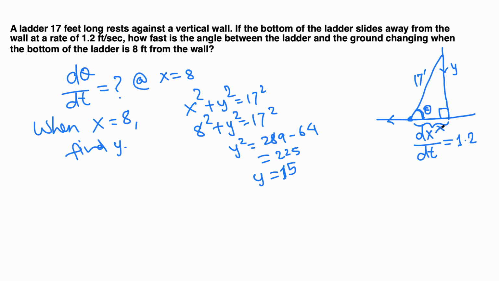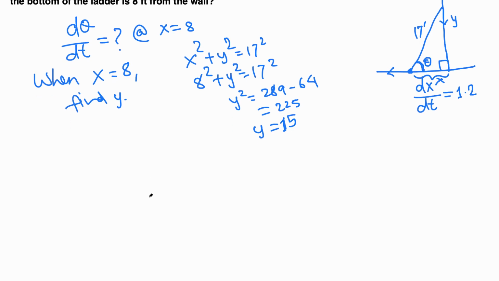So x and 17, this is like base and hypotenuse, so we need to use cosine. Cosine theta is x over 17. If we cross multiply, this is the same as 17 cosine theta equals x.